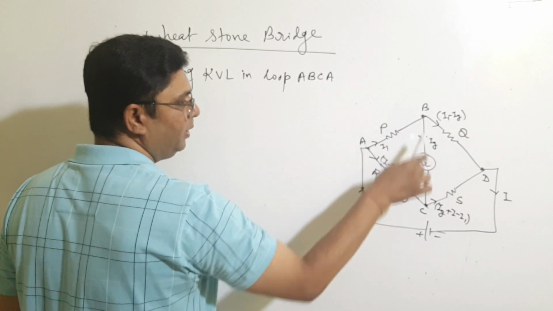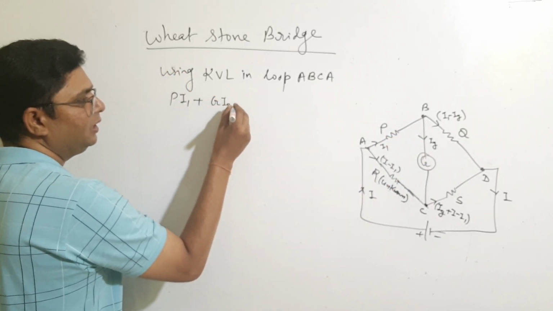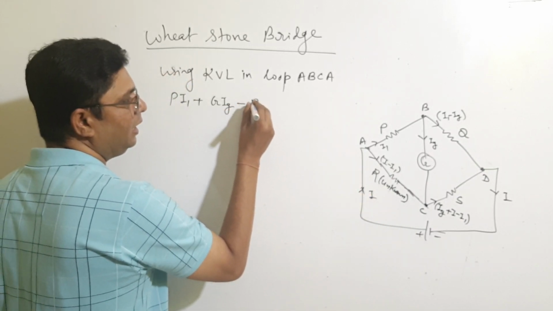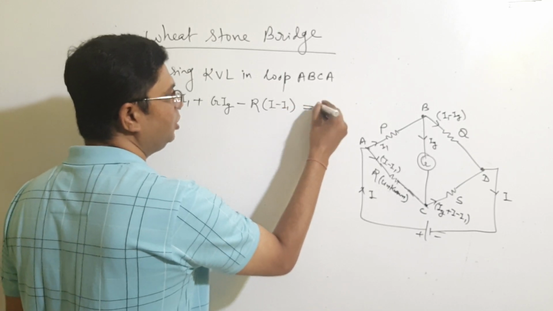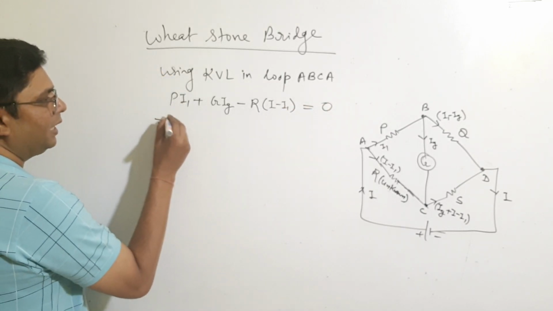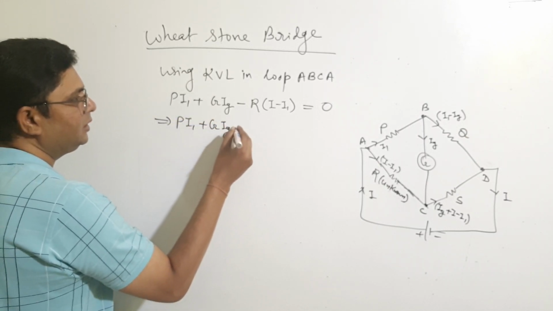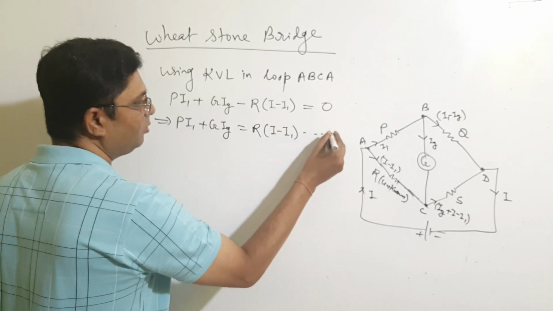When you move from B to C, you have G into Ig. When you go from C to A, minus R into (I minus I1), which equals 0. Now this can be written as P I1 plus G Ig equals R (I minus I1), equation number 1.